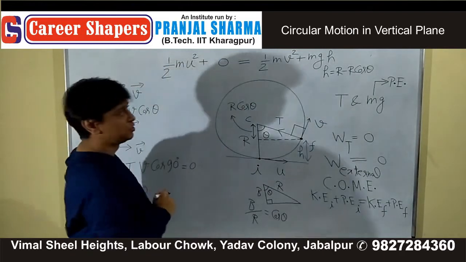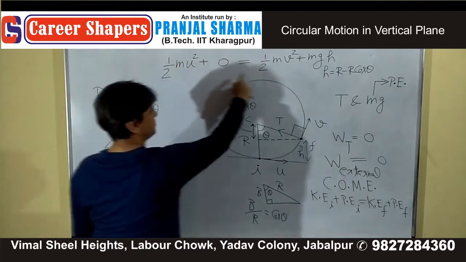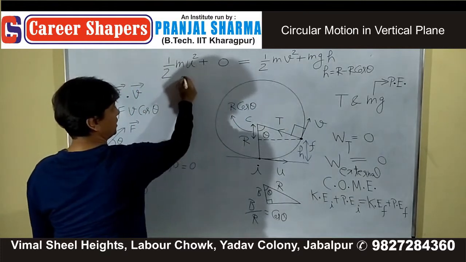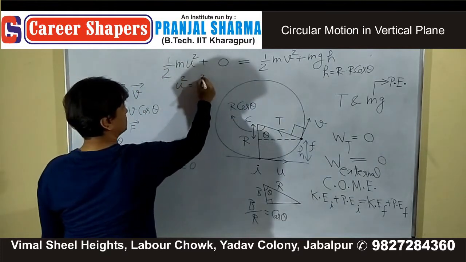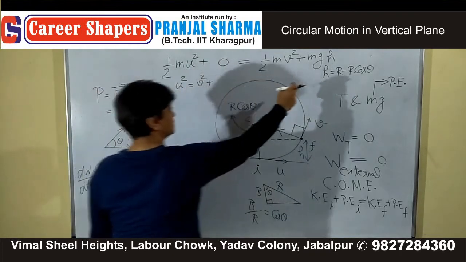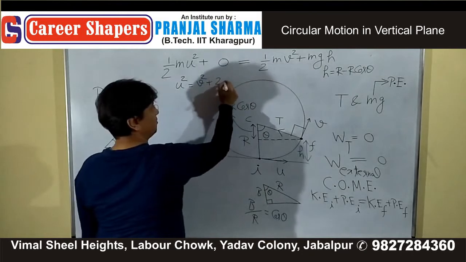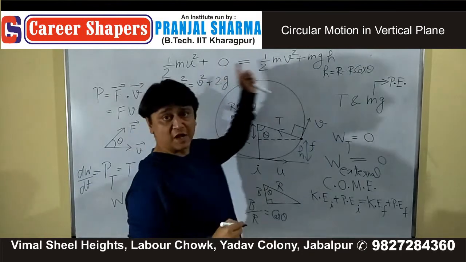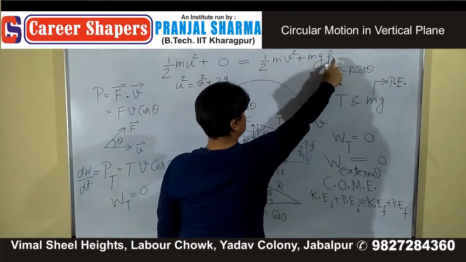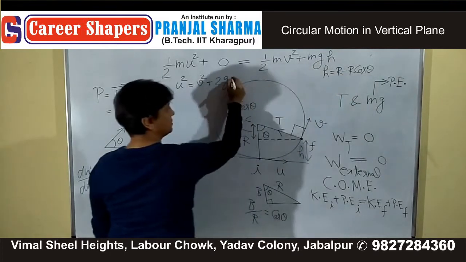Multiply the whole equation with 2. Cancel m, and you get what? This becomes u square, v square, 2 is gone, m is gone. This is g multiplied by 2. You're multiplying with 2, 2 into g. In this h, we'll take r common.